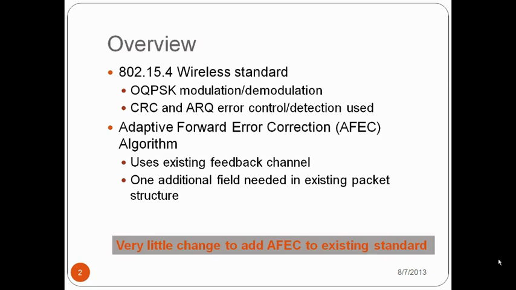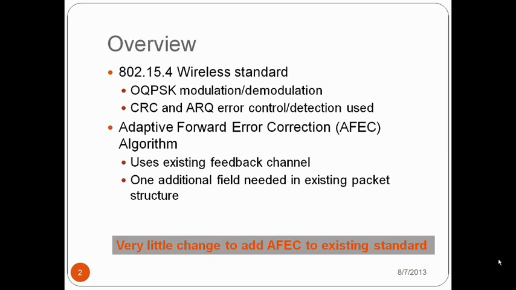How that works is the transmitter keeps track of the number of ACKs that the receiver is sending back, and if it receives a certain number of ACKs in a row, it decreases the amount of forward error correction, because that means the channel is good and you don't need as much redundancy to get your message through.